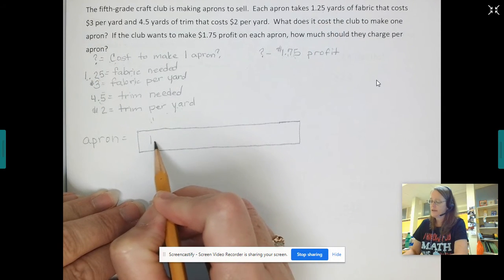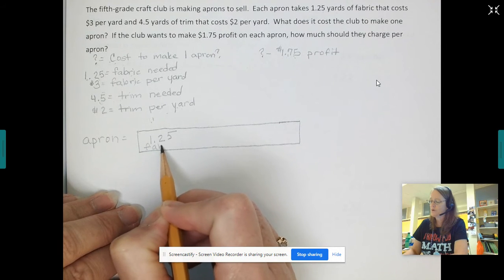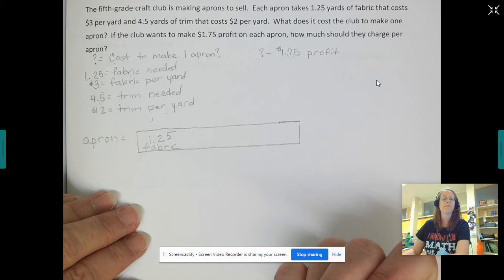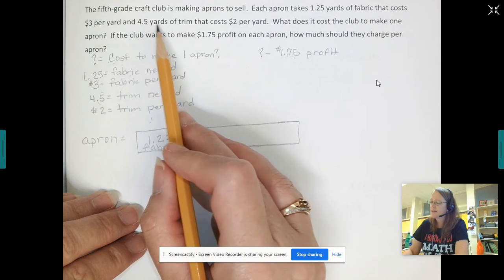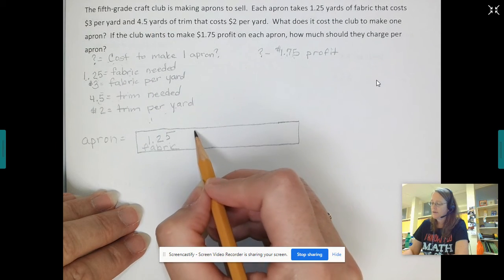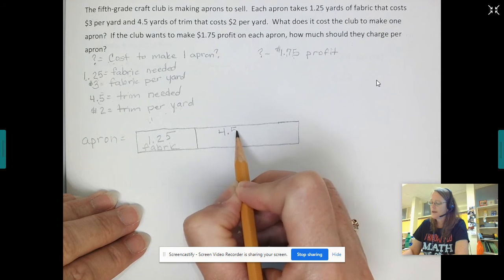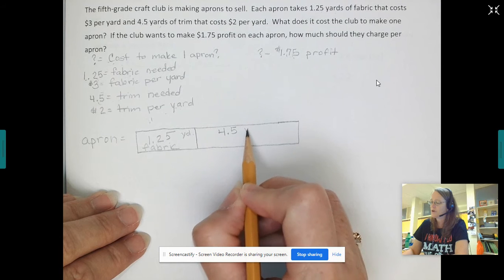So 1 25 yards of fabric. That is what we need for one apron. And then we also know that we need 4 5/10 yards of trim to make this one apron. I ought to put yards and yards.